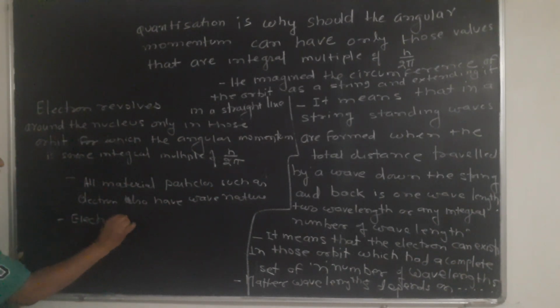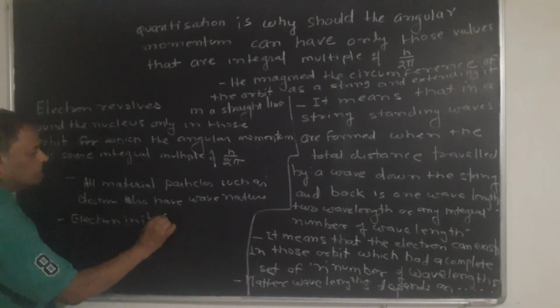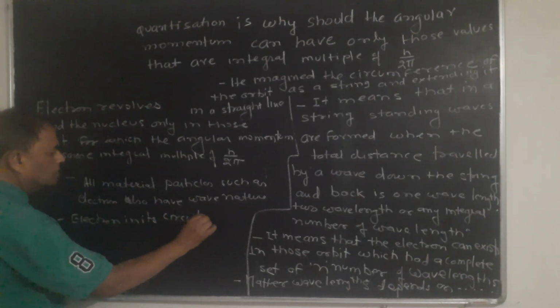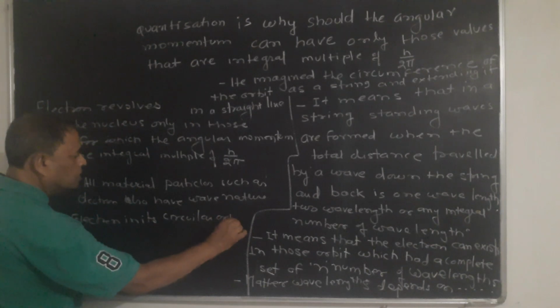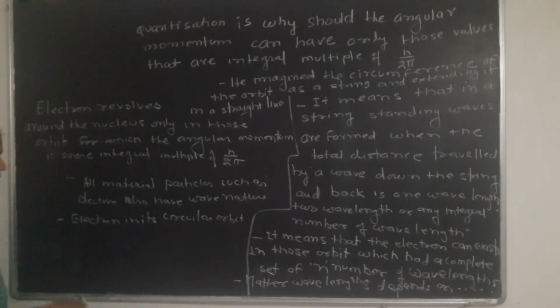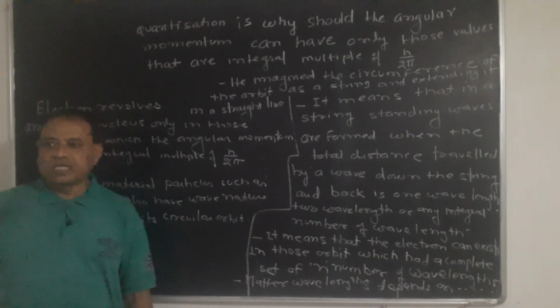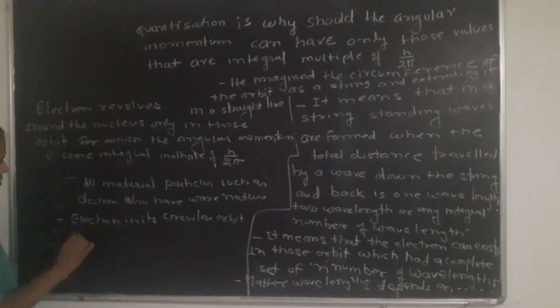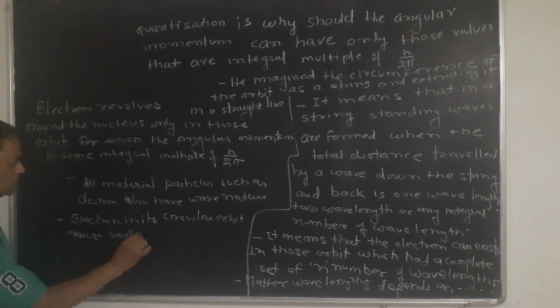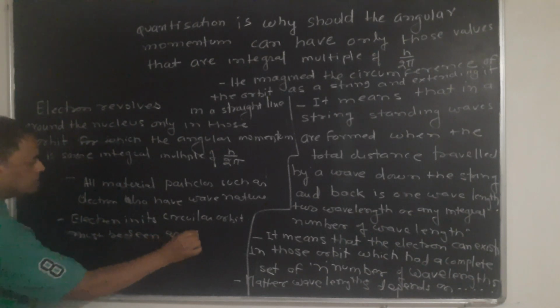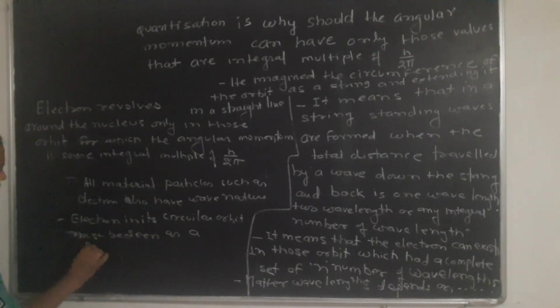Electrons in circular orbits must be seen as a particle wave.